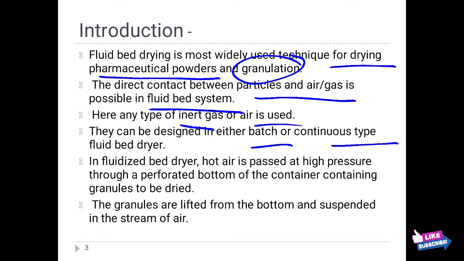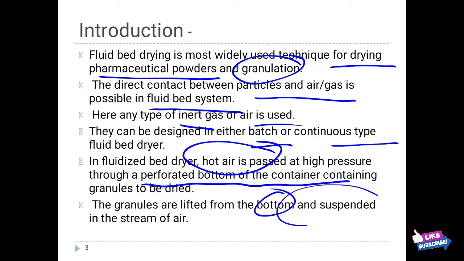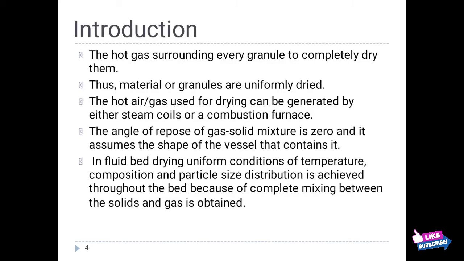In a fluidized bed dryer, hot air is passed at high pressure through the perforated bottom of the container containing the granules to be dried. The granules are lifted from the bottom and suspended in the stream of air. The hot gas surrounds every granule and dries it completely, so the granules are uniformly dried.